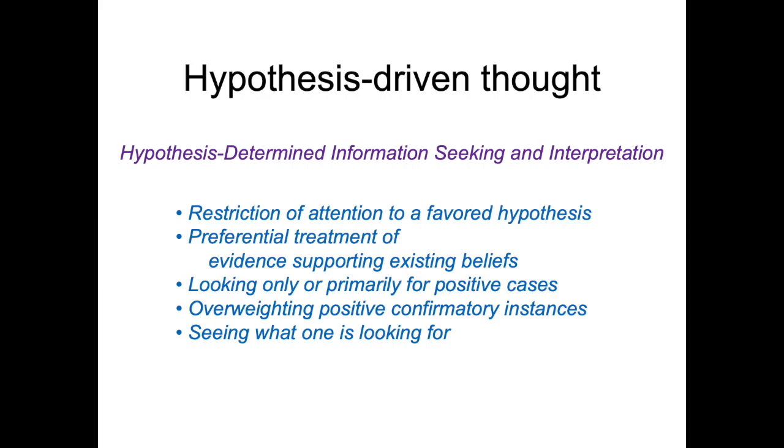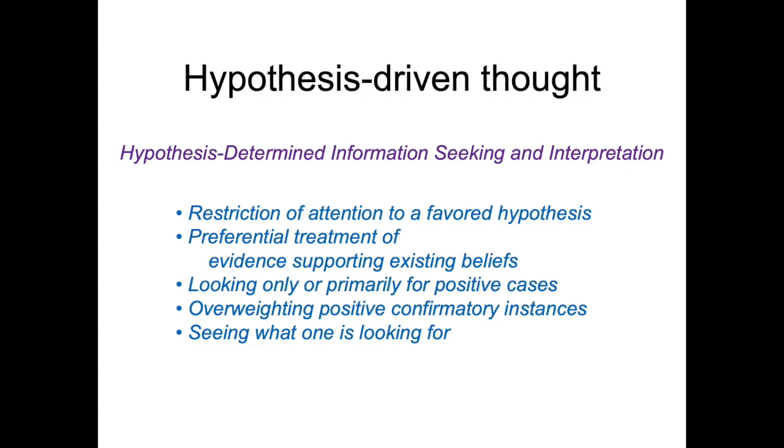Here are five topics that he covers. One is restricting one's attention to a favored hypothesis, a target. Secondly, preferentially treating evidence that supports one target over another, existing beliefs. Thirdly, looking only or primarily for positive cases and not using negative results to help rule out what isn't true.